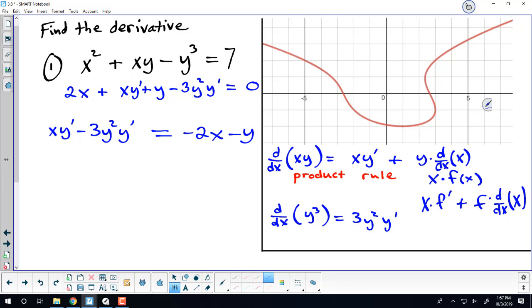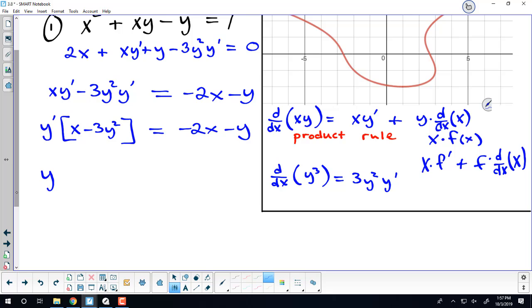All right, since both of these terms on the left have a y prime in common, we'll just factor that out. Okay, so that's still negative 2x minus y, and then divide through by x minus 3y.